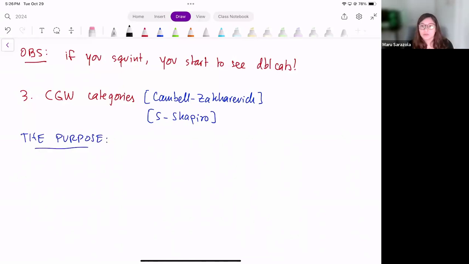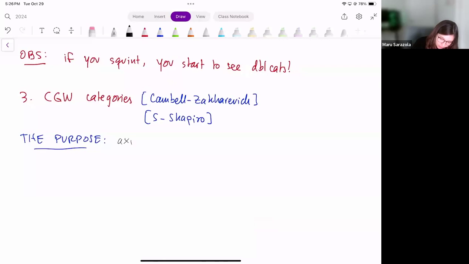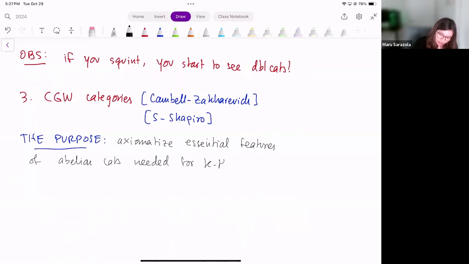Honestly, I was sold from the start. I think it's very cool. It seems like there are some double categories underlying all this story, so why wouldn't you try to do that and see what happens? But actually, the purpose was to try to introduce a structure that axiomatizes the very bare bones, the essential features, of these abelian categories that you needed for K-theory.